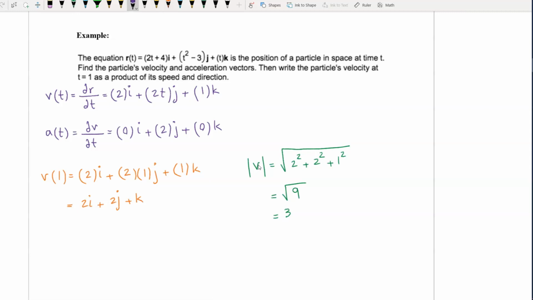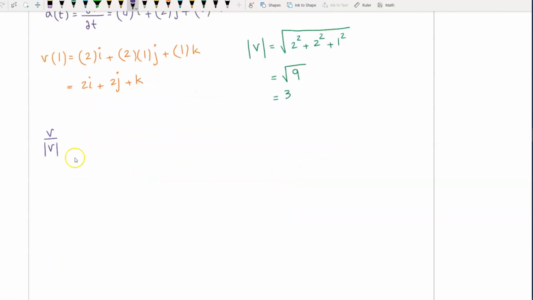So the direction of motion is the unit vector v over absolute value of v, or velocity over speed. So this is equal to, for velocity we have 2i plus 2j plus k, and for speed we have 3.